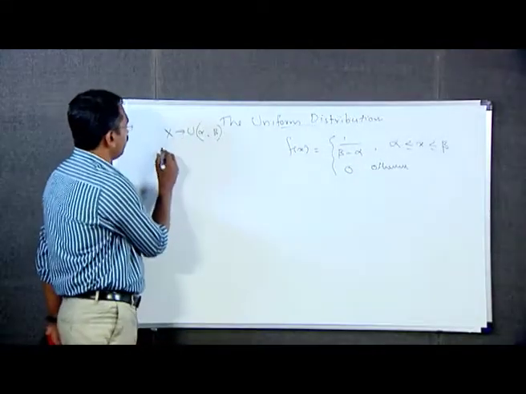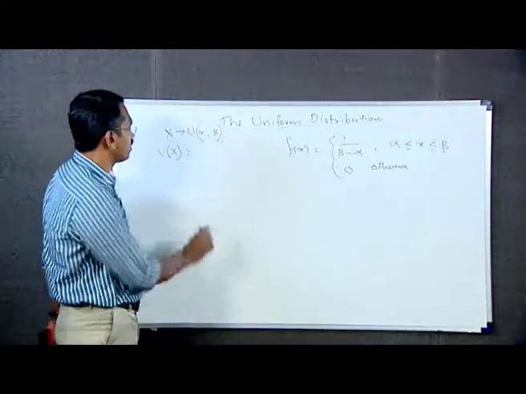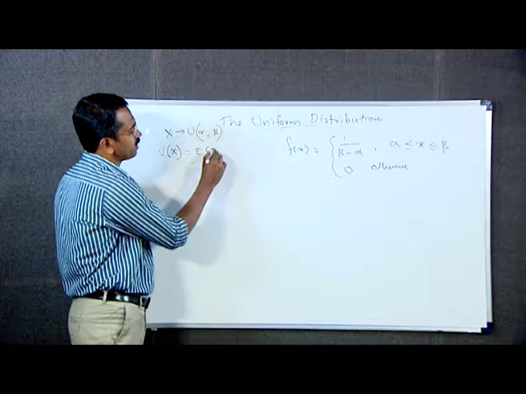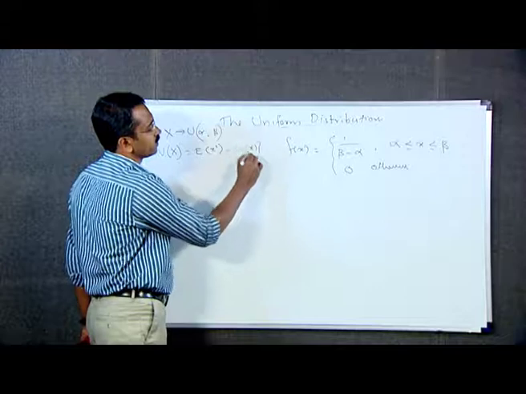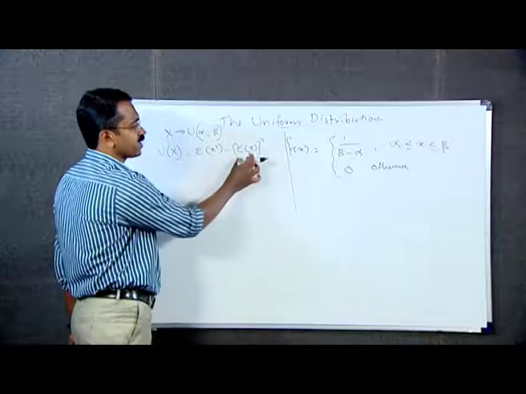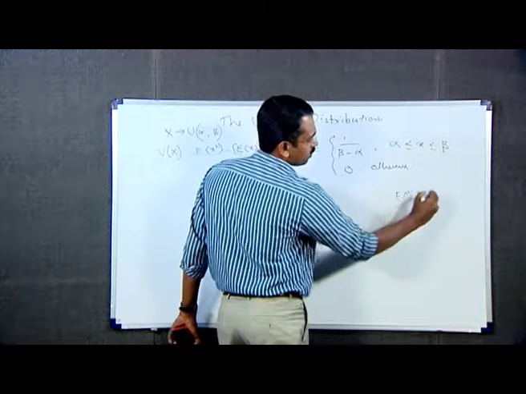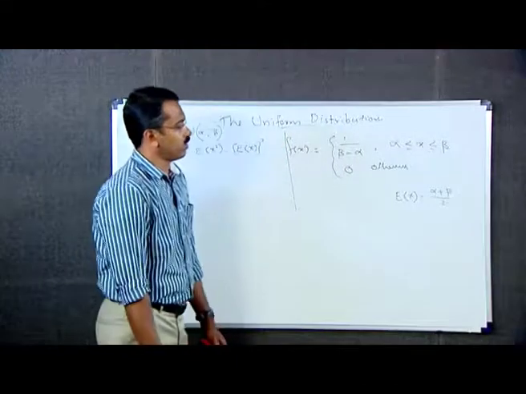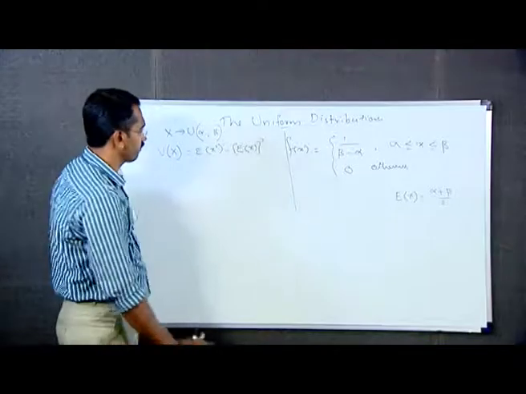By the definition of variance, in terms of expectation, we can write variance of x as expectation of x square minus expectation of x the whole square. Here, expectation of x is the arithmetic mean, which is equal to the average of the two parameters alpha and beta. Therefore, we have to find E of x square only.